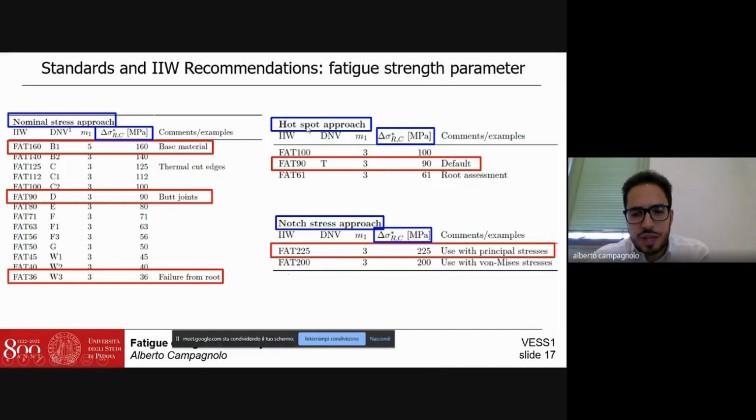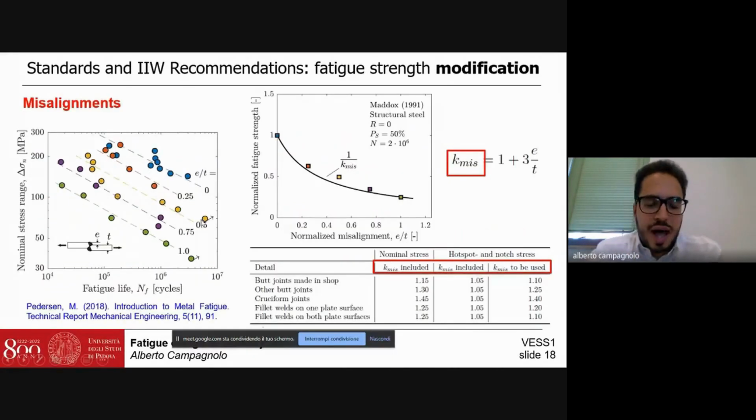When dealing with semi-local or local approaches, we can say that the category reduces to typically only one or a reduced number of categories. For hotspots, the category is 90 megapascal, while for the notch stress approach, the typical category is equal to 225 megapascal.